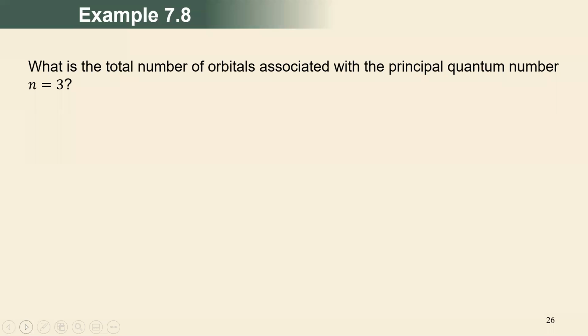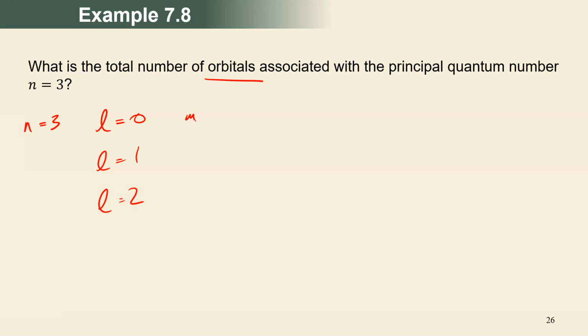So still working a little bit with quantum numbers. The total number of orbitals associated with the principal quantum number of 3. Okay? So all we know is that n equals 3. What are our possible values for l? 0, 1, or 2. That's it. l equals 0, l equals 1, l equals 2.